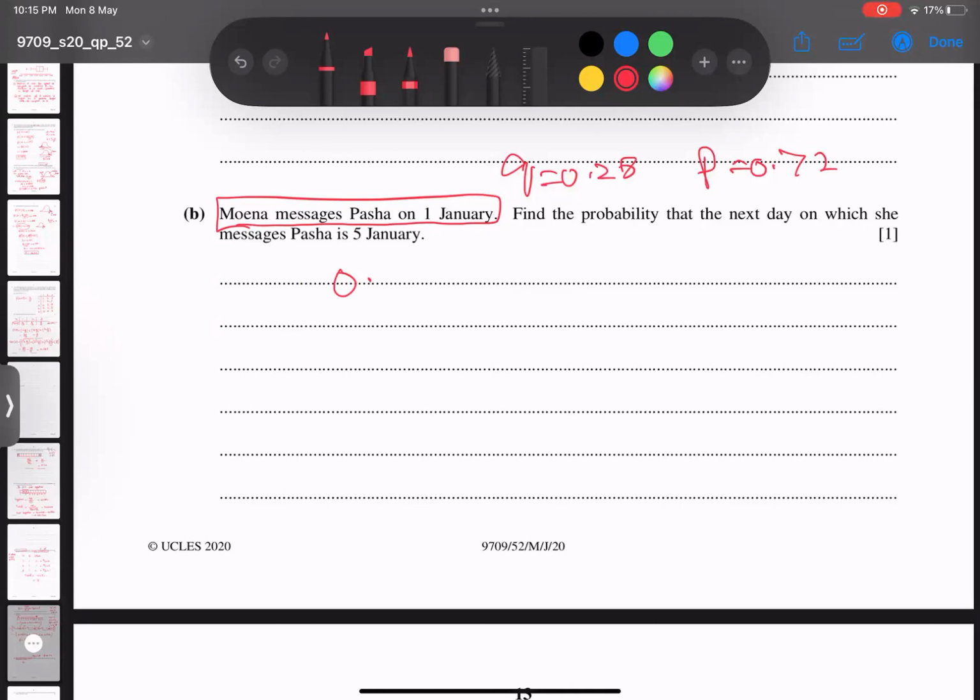So you can do it here, power 5, let me check, 0.28 to power 4 and times 2. Okay, so what is the solution here, students? Because we talk about the 5th January, so 0.28 on the next day on which she messages is the 5th January.